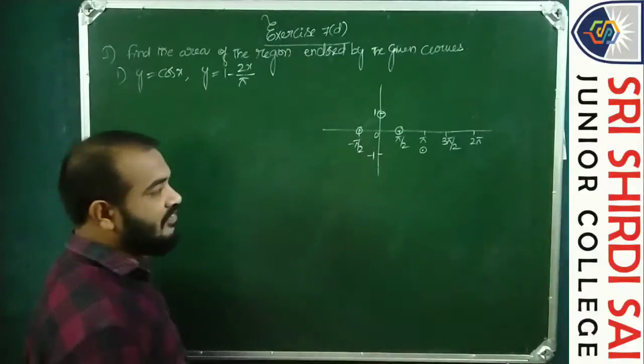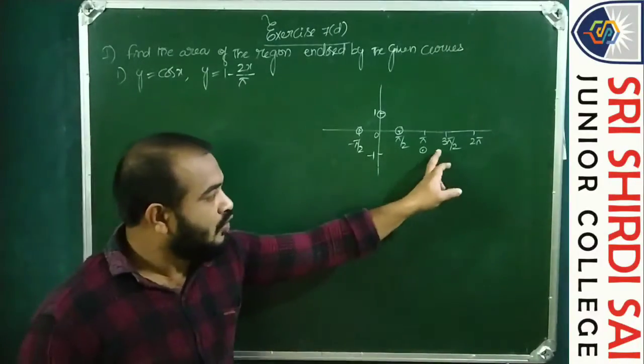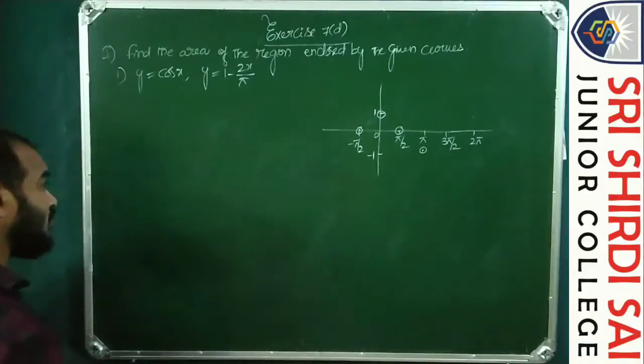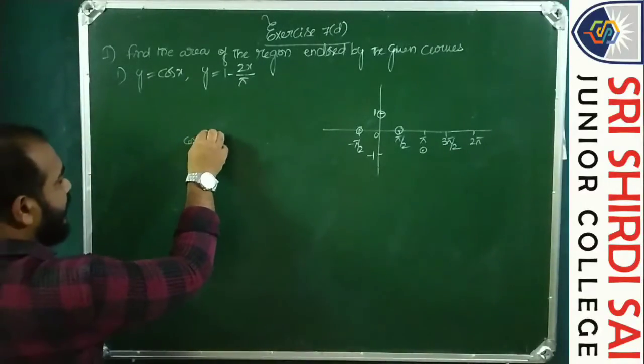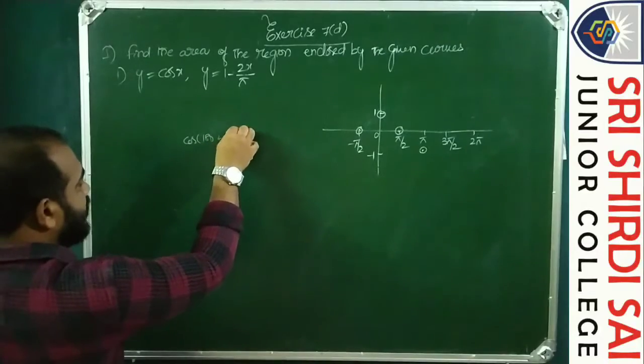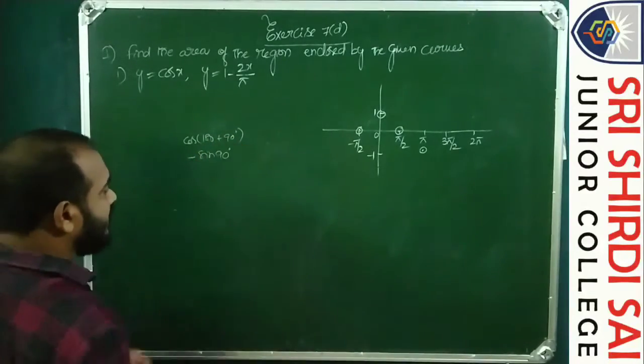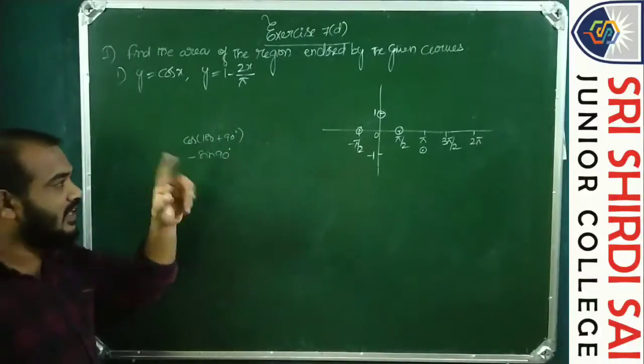Next, cos of 3 pi by 2: 3 into pi by 2 is 3 into 90, which is 270. Cos 270 is cos of 180 plus 90, so minus cos 90, because this lies in the third quadrant where cos is negative.